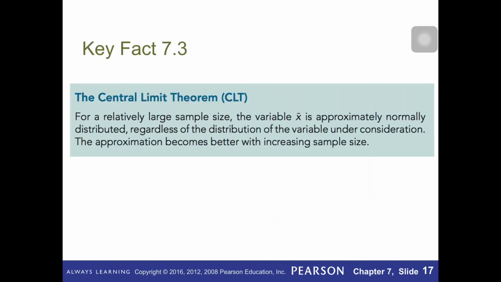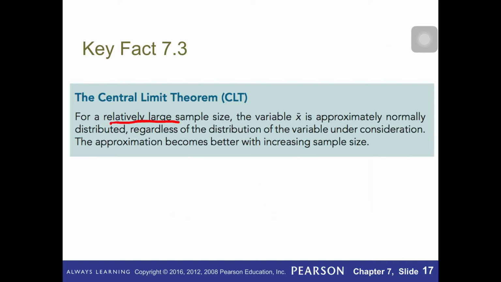Okay, this is the last thing in this chapter: the central limit theorem, CLT. This is, I would say, a giant theorem in statistics. We use this theorem a lot. So what does it say?